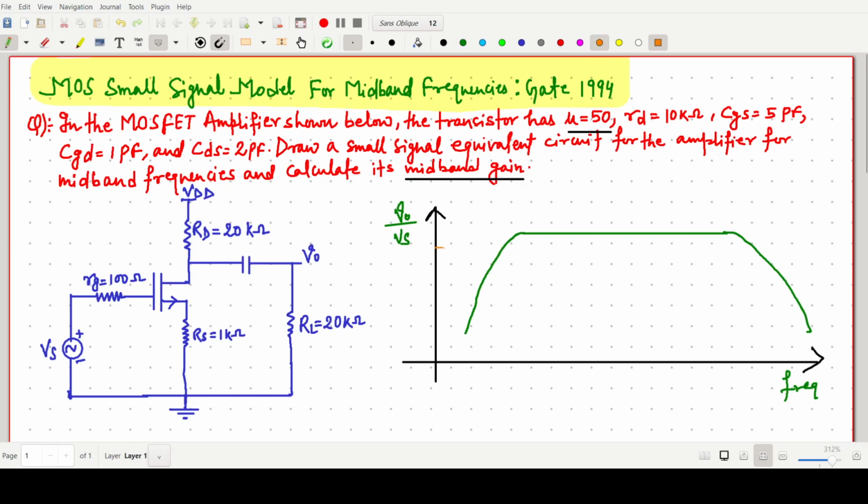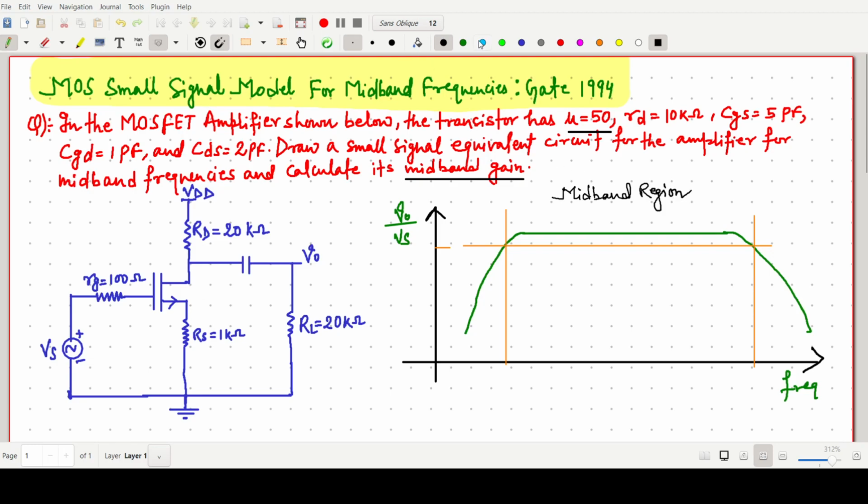Basically there are three regions. First I am characterizing the three regions. The middle region we can call the mid-band region.